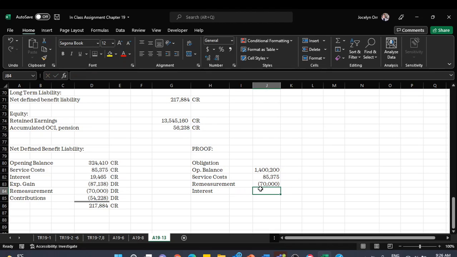Okay. Then we want to look at our interest. And here's where we have to break that down into kind of two components. Okay. We want to look at the interest expense that would be generated based on the obligation. So rather than netting it out and then multiplying by the yield rate, here we're going to take the full amount of our opening balance for the obligation and multiply by our yield rate of 0.06, which gives us an amount of 84,012.